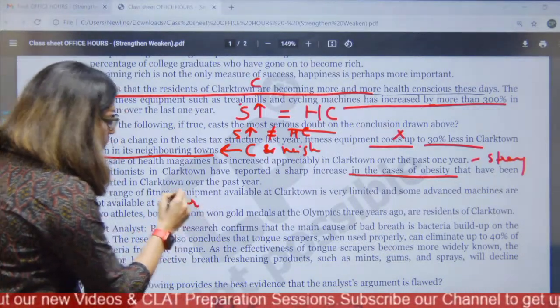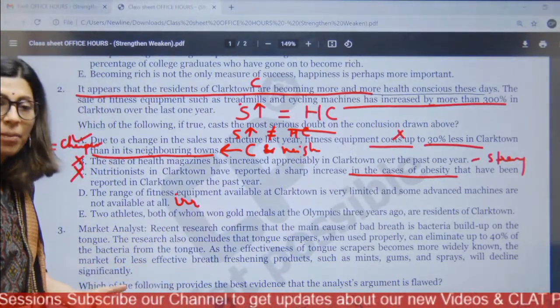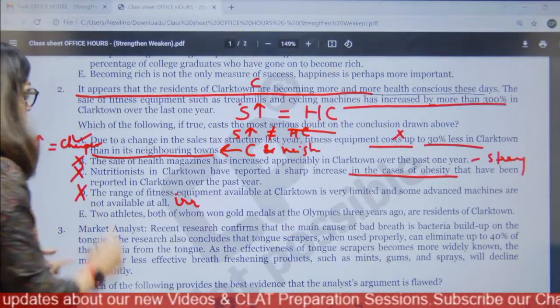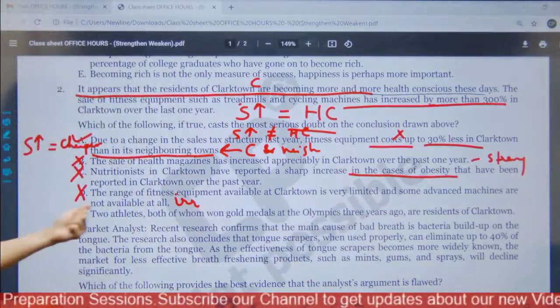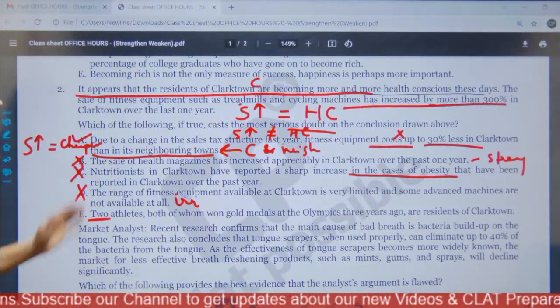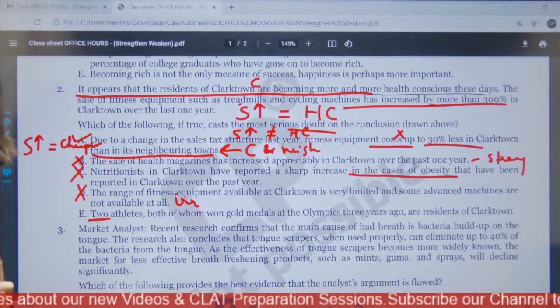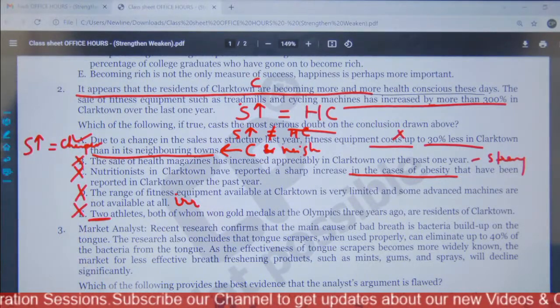Range of fitness equipment is very limited, so why are people buying the same thing? Two athletes are residents of Clarktown, but just two athletes cannot explain a 300% increase in sales. How many treadmills will they buy? So answer will be option A.